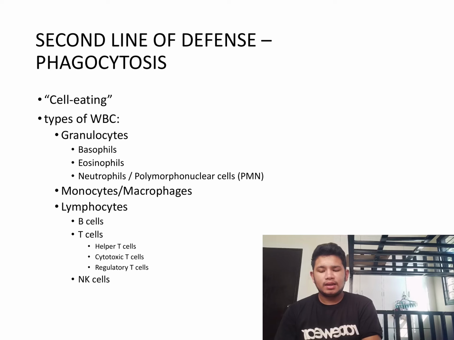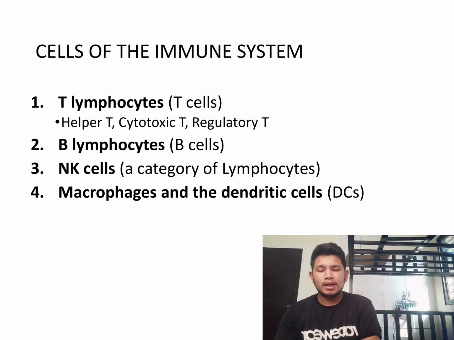Lymphocytes, types of white blood cells in the immune system of most vertebrates. B cells are involved in humoral immunity. T cells, more abundant, are involved in cell-mediated immunity.